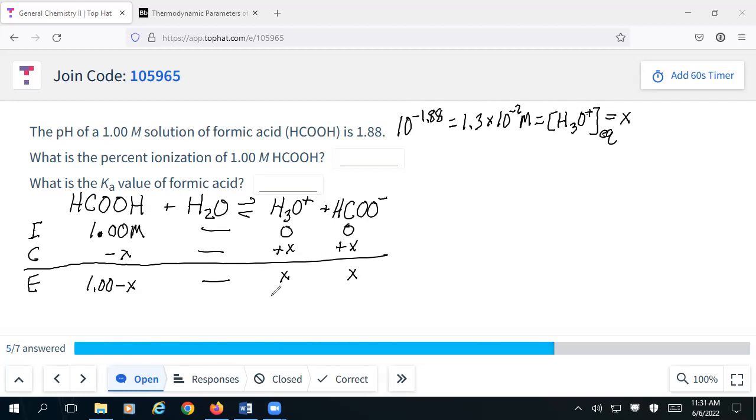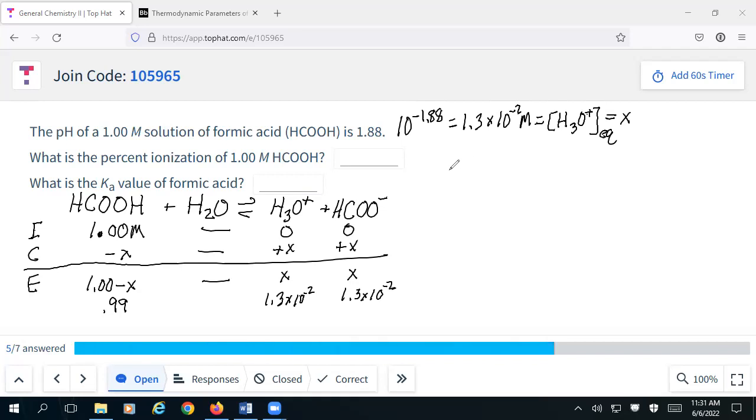So that means that at equilibrium, we have concentrations of 1.3 times 10 to the negative second for both of our products, and 1 minus 1.3 times 10 to the negative second would be 0.99 molar for the formic acid.